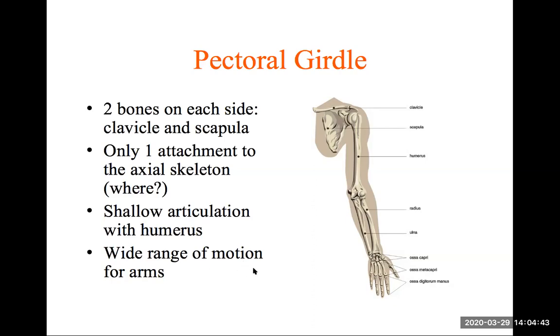Imagine circling your arm while holding your body still. But on the other hand, because it's a shallow articulation and it's just held in place by ligaments, it's also prone to dislocation. If you've ever known anyone who suffered from a dislocated shoulder, it's not that uncommon. On the other hand, we'll see that the other girdle has a much stronger type of articulation.